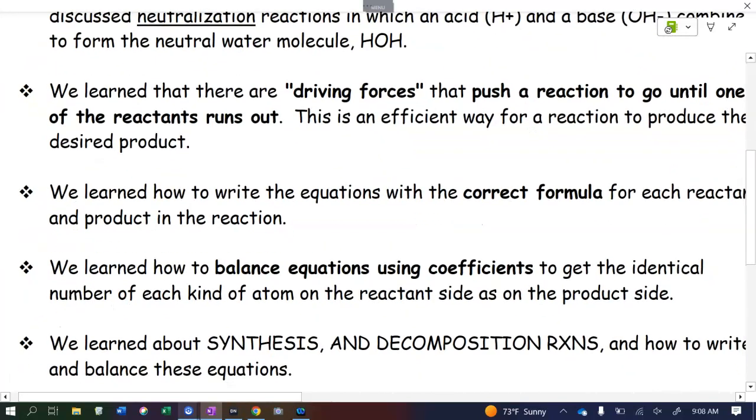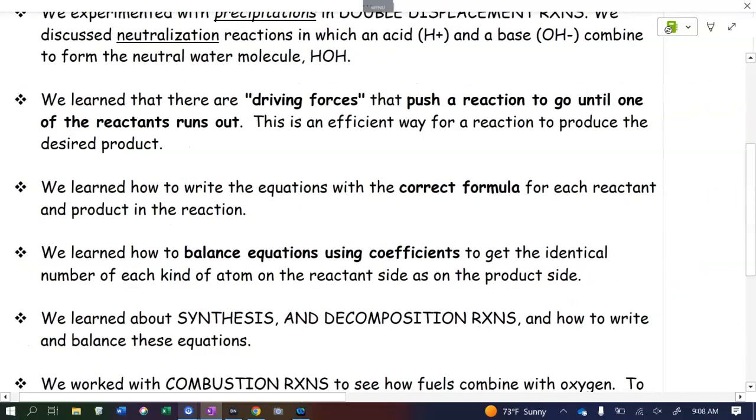So we learned there are driving forces that push a reaction to go until one of the reactants runs out. This is an efficient way for a reaction to produce the desired product, because ideally when you put them together, you hope the reaction will keep going until it runs out. All right. We learned how to write the equations. Oh, wait. You probably think this happens all the time.